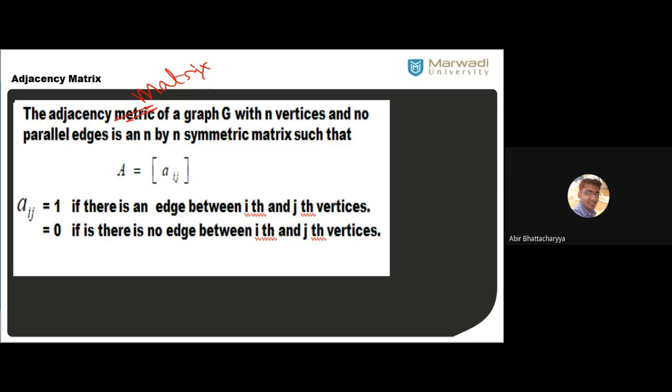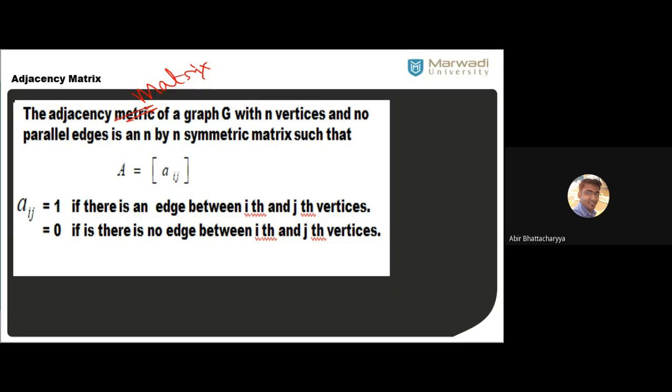Now they are saying this element is 1 whenever vertices i and j are adjacent to each other, like there is an edge between the two vertices i and j.